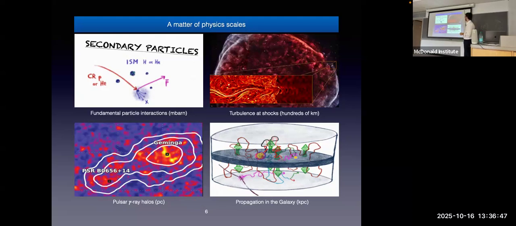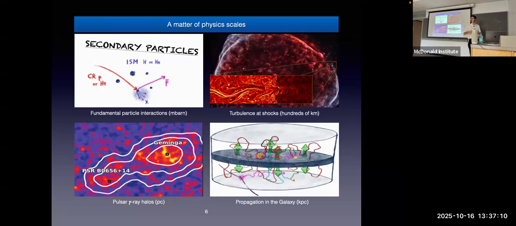We need to model the plasma physics responsible for the particle acceleration, and how positrons can get accelerated up to those energies. We have some interesting phenomena that we are detecting on parsec scales, called gamma ray halos, that I will cover later. And then we also have to talk about propagation of particles in the galaxy, on sizes of kiloparsec scale.